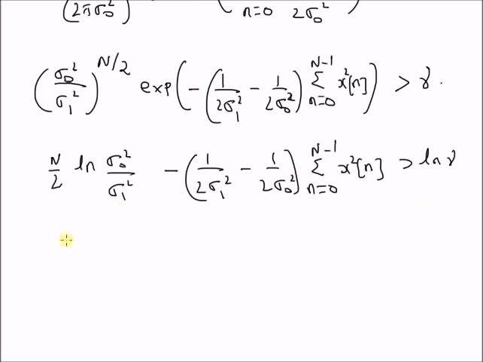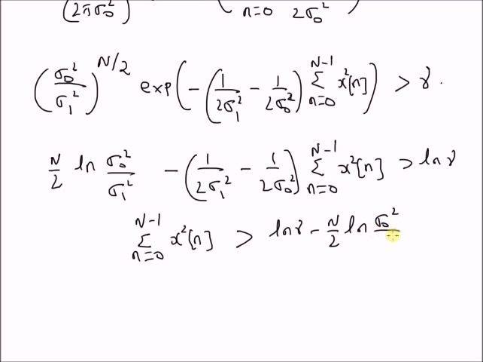So, by rearranging the terms, that is basically grouping the observations on the left side and all the constants on the right side, we have summation n equal to 0 to n minus 1 x square of n is greater than logarithm of gamma minus n by 2 logarithm of sigma naught square over sigma 1 square divided by this difference, which is 1 by 2 times sigma naught square minus 1 by 2 times sigma 1 square.